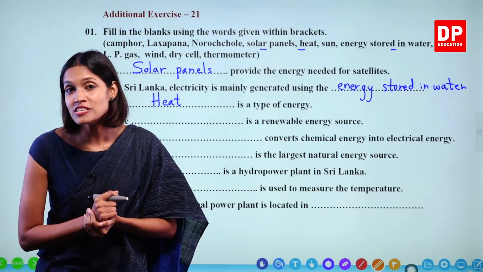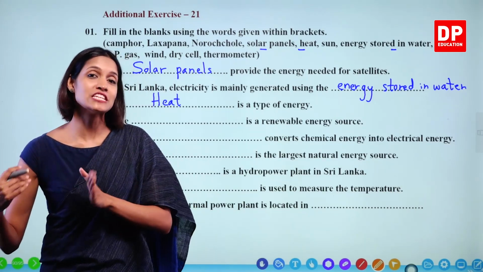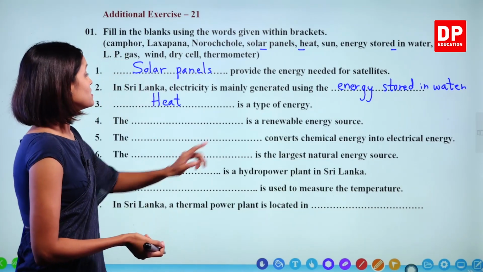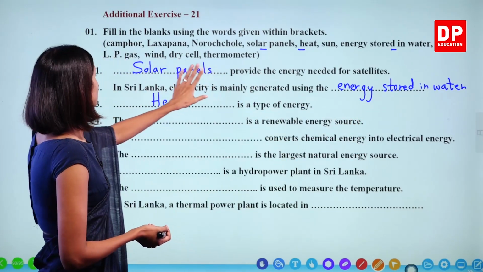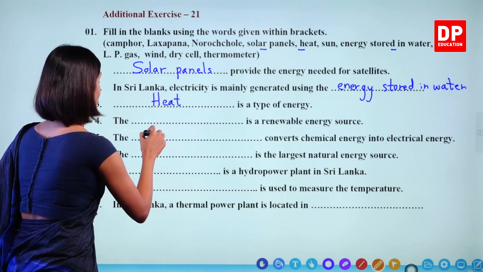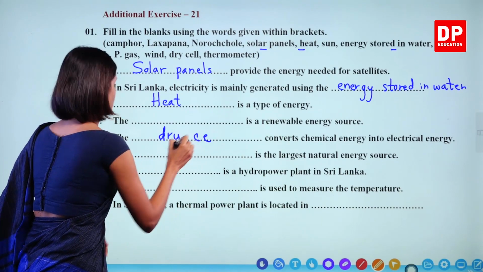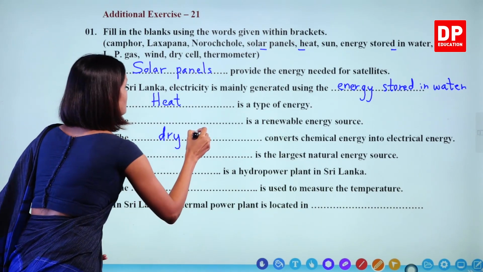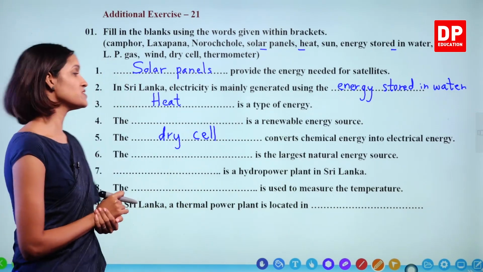There the energy conversion that takes place is chemical energy converted to electrical energy, right? So what converts chemical energy into electrical energy? Here we have the answer, dry cell. The dry cell converts chemical energy into electrical energy.